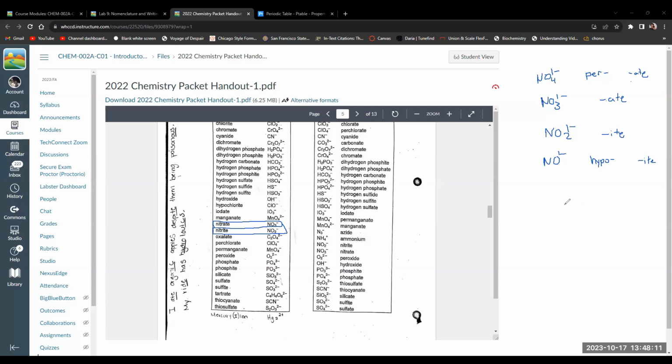And this rule applies to most of these polyatomics. Of course, there's some that stand out that we can't really work with, like thiocyanate down here. No oxygens, so this rule doesn't really apply to it. But if you look into most of these, they have oxygens. So if we look at hypochlorite, it has one oxygen.